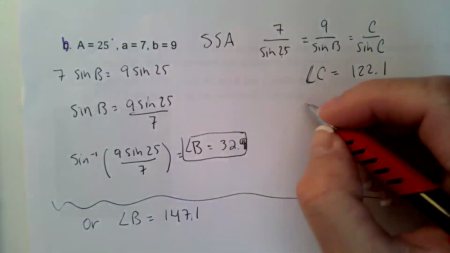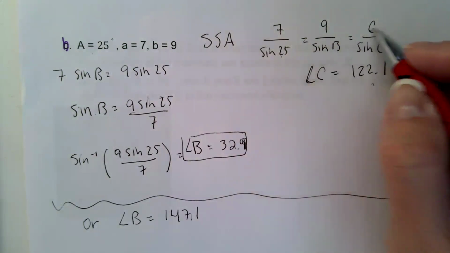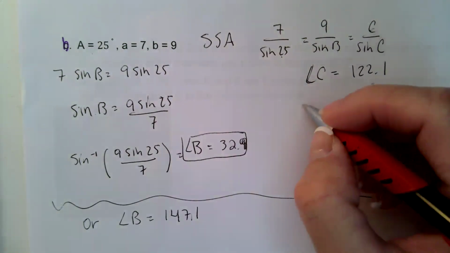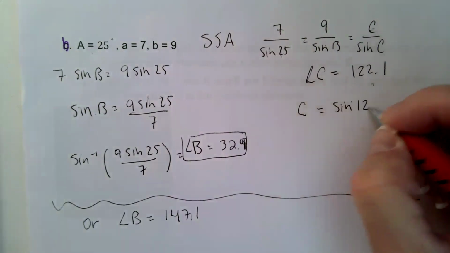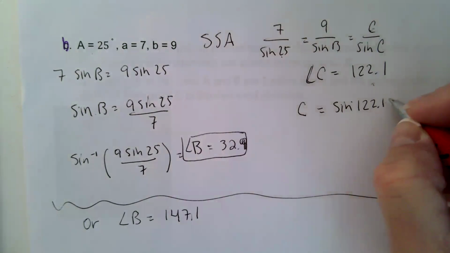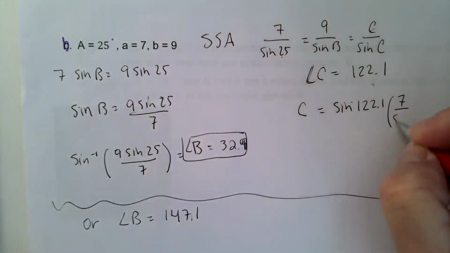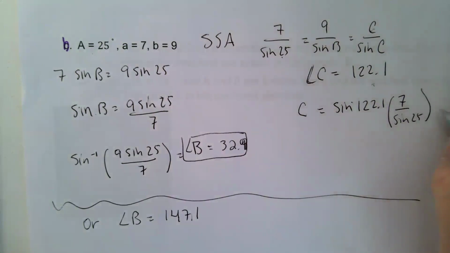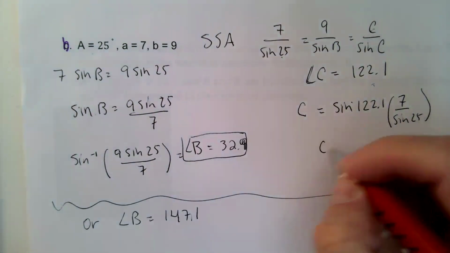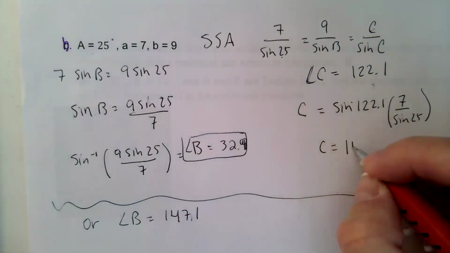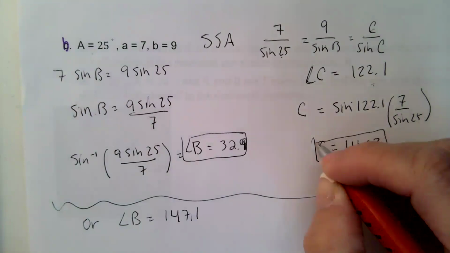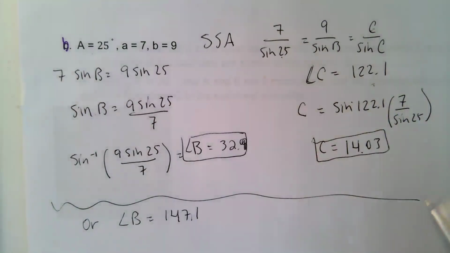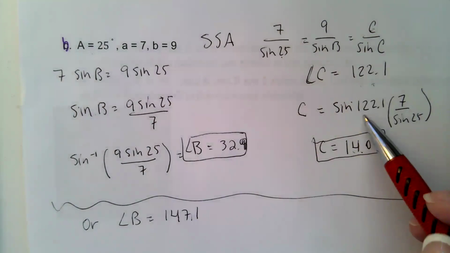Okay, so in that case, we can solve for side C. Side C equals the sine of 122.1 times the 7 over sine of 25. And so the side C would be 14.03. So it would end up being the longer side here.